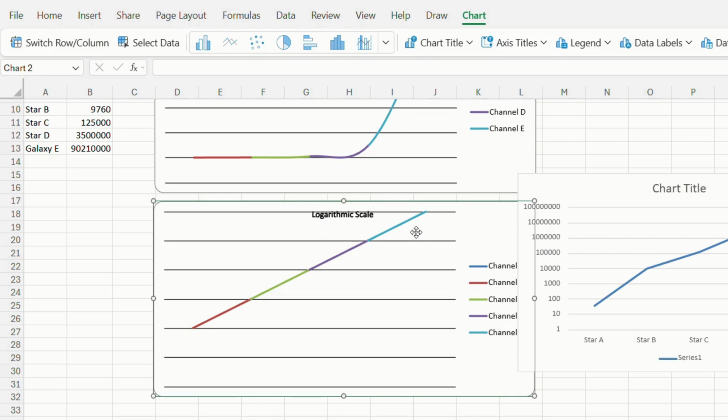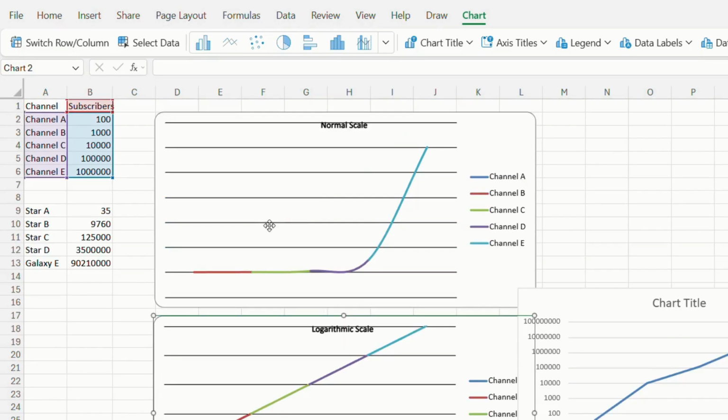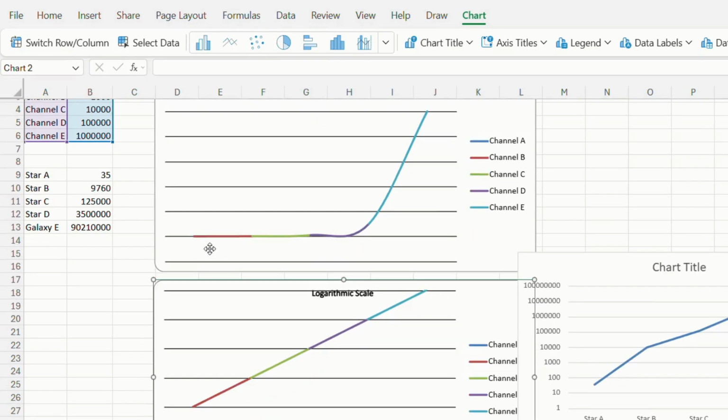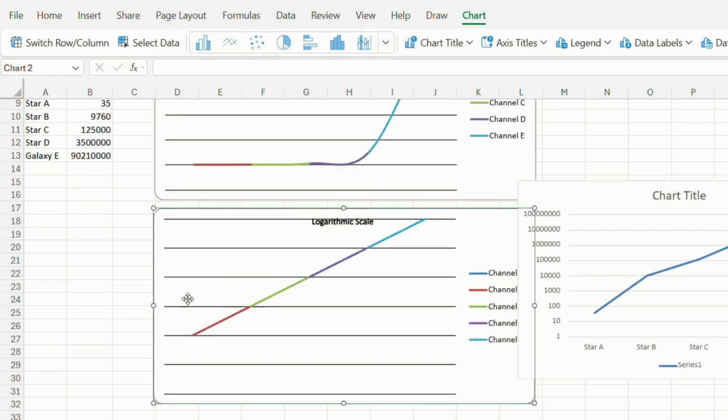It reveals the pattern, and the smaller values also appear on the chart, and you can tell there's a comparison between channels A to E. In a normal chart, between channel A and B, you'd ask how much comparison, like no comparison, right? But here between channel A and B, there is a comparison, the power of 10.